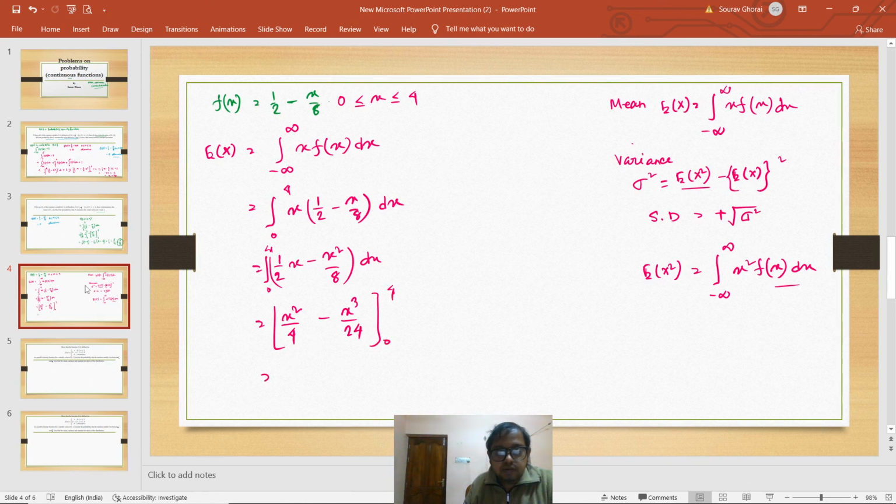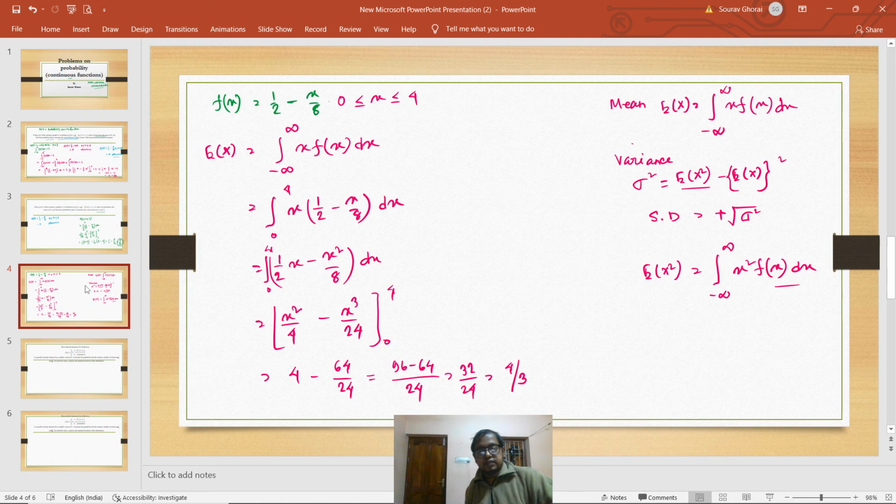Now simplifying, we get 4 minus 64 by 24, that is 96 minus 64 by 24, that is 32 by 24. That means the mean will be 4 by 3. So I hope you understand how I got it.